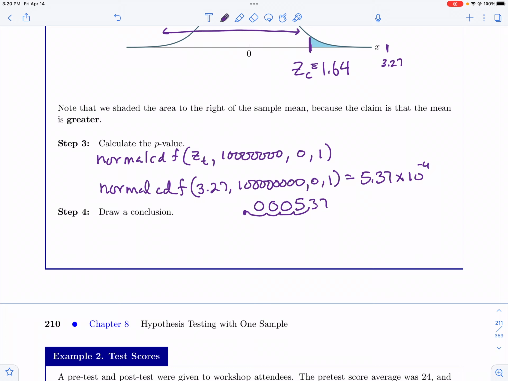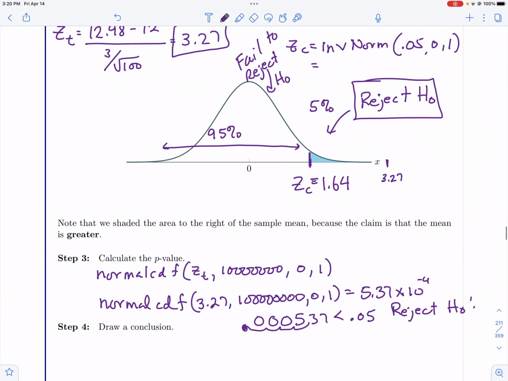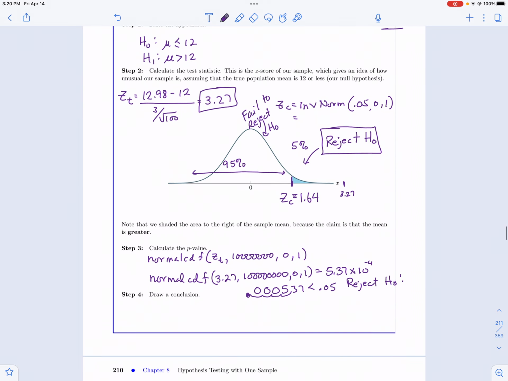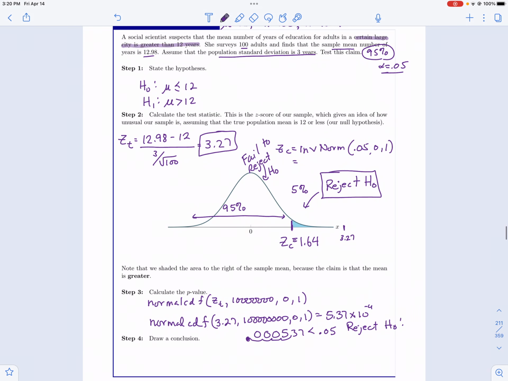So our number is 0.000537, which is definitely way less than 0.05. So it looks like we are going to reject H naught in this case. So our step 2 and our step 3 both go together. They both support each other, so it definitely looks like we've done everything correctly.